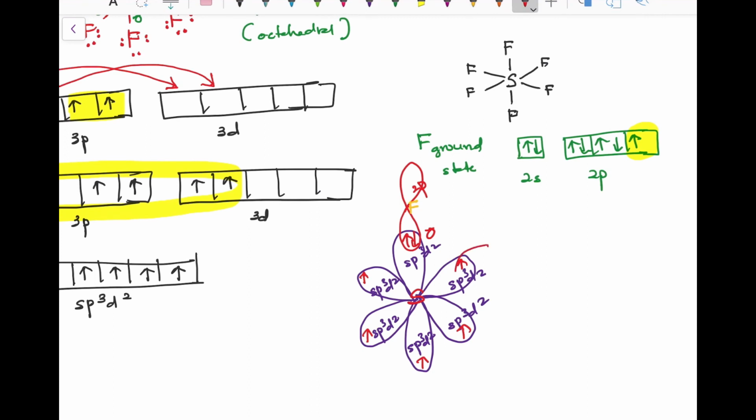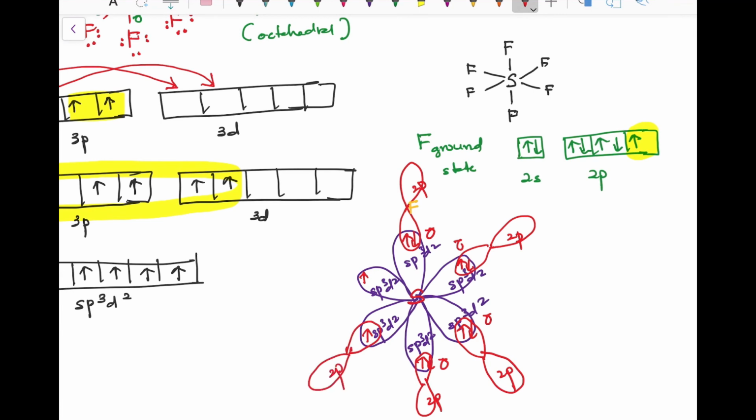I will draw the orbital first. 2p, brings another electron, forms a sigma bond. Again, 2p brings another electron and forms a sigma bond, and all represent fluorine.